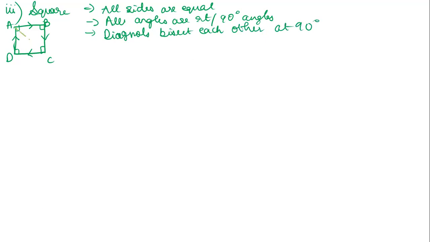Here AC is your diagonal, DB is also your diagonal, meeting at point O. Now they bisect each other at 90 degrees. So this statement means AO is equal to CO and DO is equal to OB at 90 degrees, or you can say a right angle. Clear? So this is all about square, the third type of quadrilateral.